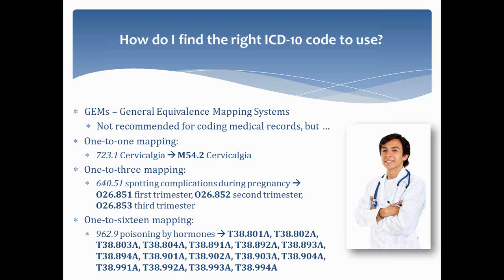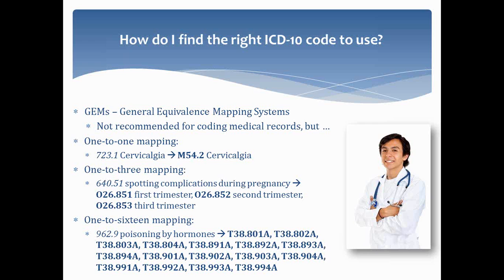Now let's look at another example, a 1 to 3 mapping. There's a code for spotting complications during pregnancy. In ICD-9, it's 640.51. If you plug it into GEMS, it will tell you there are 3 possibilities in ICD-10. And they essentially have the same definition, spotting complications during pregnancy. But the code that ends with the digit 1 is for the first trimester, the digit 2 is second trimester, and the one that ends with the digit 3 is the third trimester.